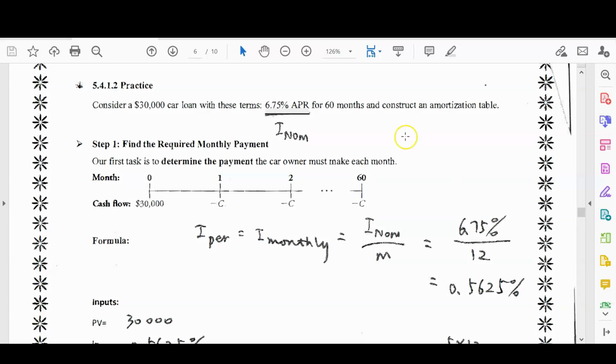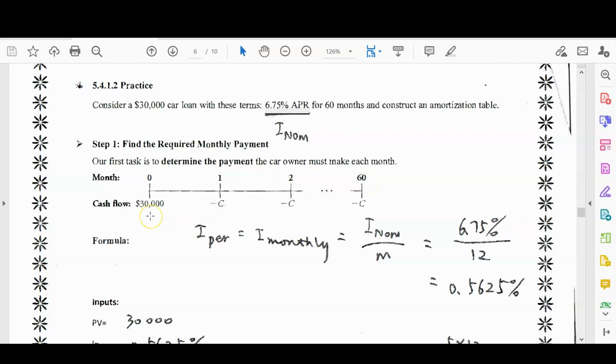As you can see in the updated notes, the first step for us is to find the required monthly payment. You can see in this timeline that we're trying to determine the payment we're making each month. So we're marking 60 months on the timeline from time 0, 1, 2, 3 to 60. It stands for 60 months.